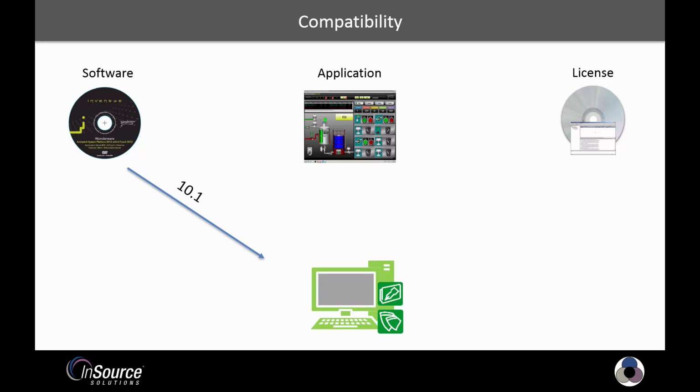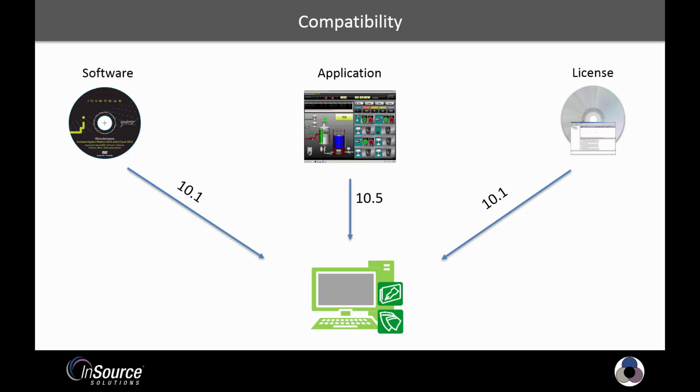Now let's talk about version compatibility. Here's an example where I have a computer, I install version 10.1 of InTouch onto that machine. The customer gives me their application, which is version 10.5. Now the license I have on this machine is a 10.1 license.